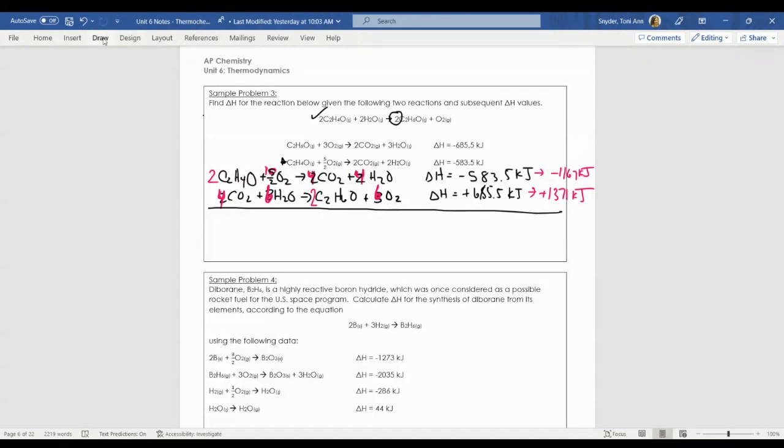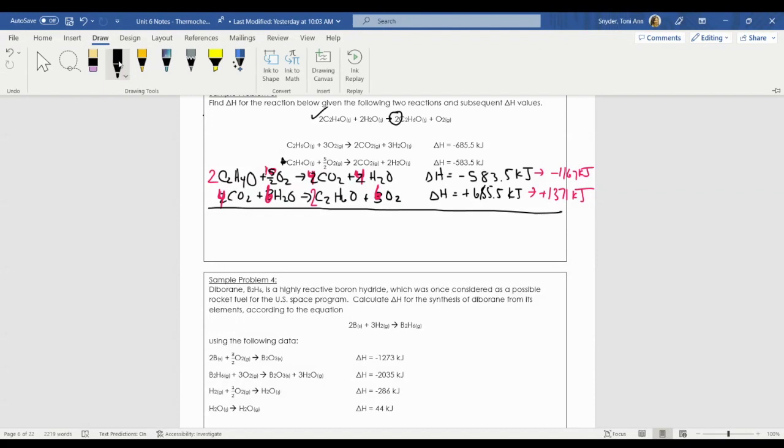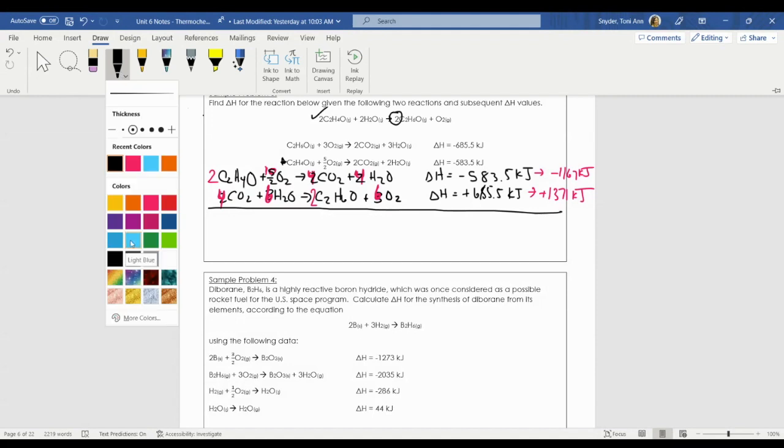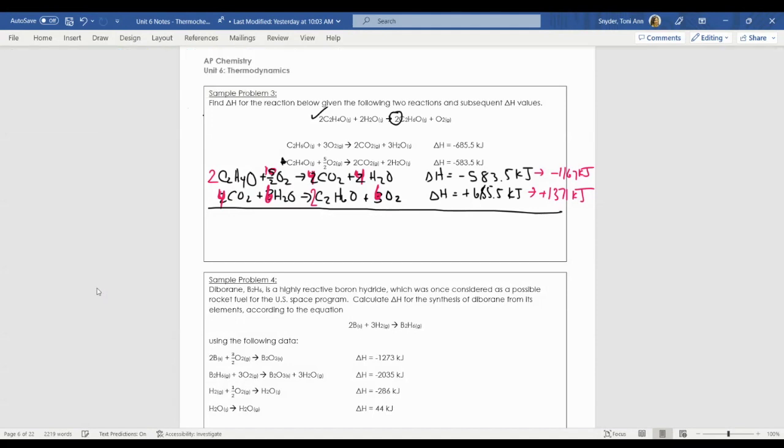So I'm going to get a different color here just so I can draw some cancellations. Let's do blue. So looks like I'm going to keep this, and I'm going to keep this because there's nothing else to cancel out there. So I have 2C2H4O. And I'm going to skip this one for now. Let's just focus on the reactants, actually.